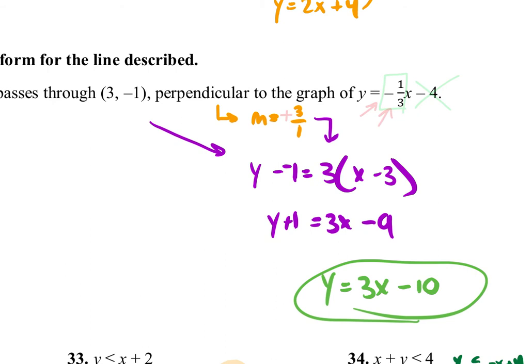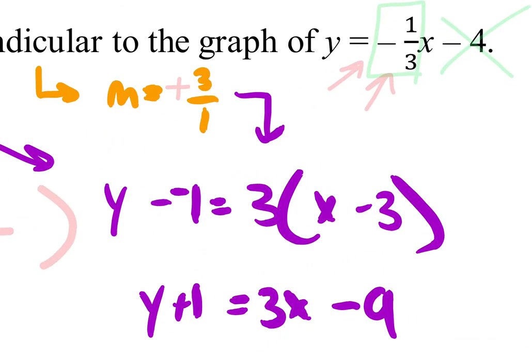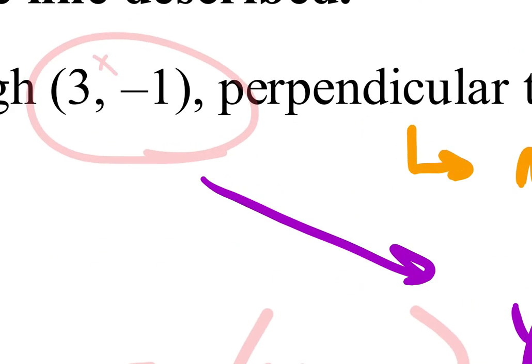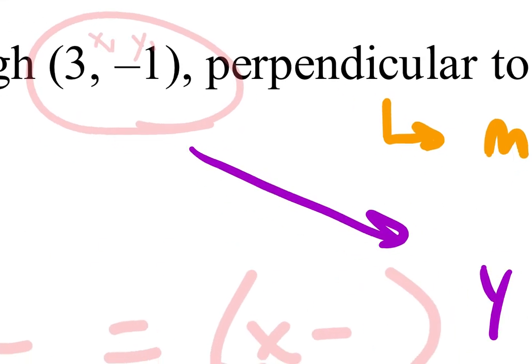So I then used point slope, filling in our missing values. I used our slope of 3, and I used this as my x1 and y1 with point slope here.